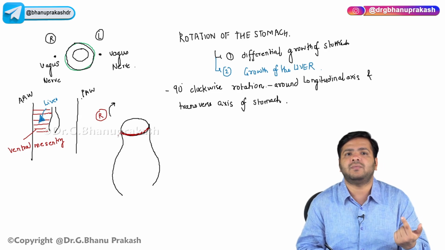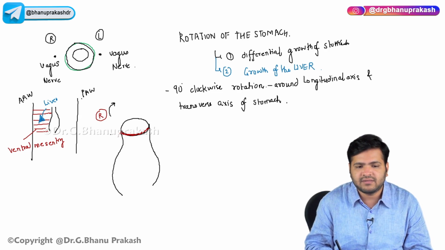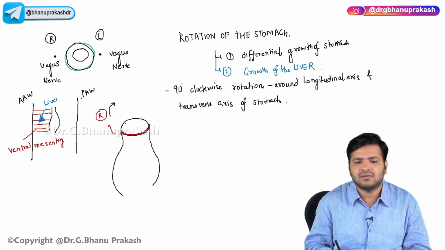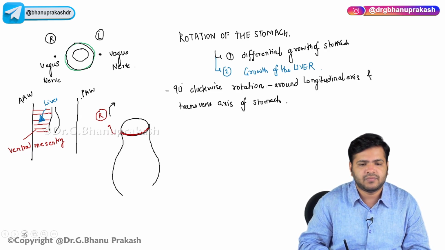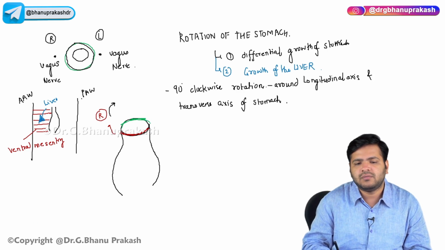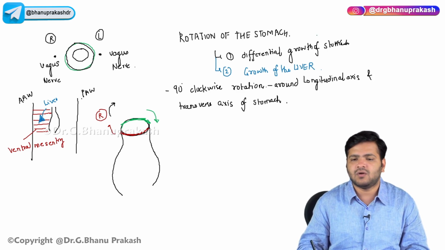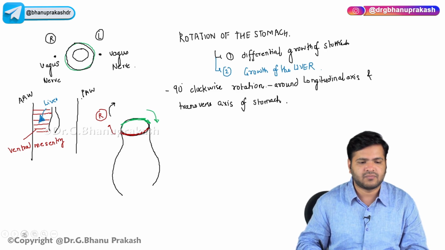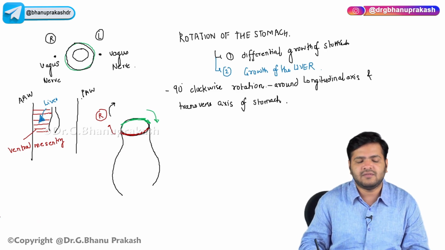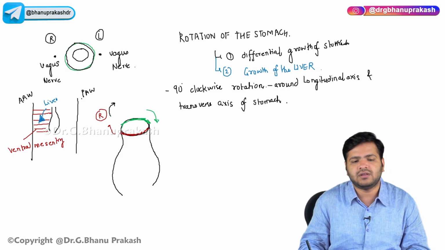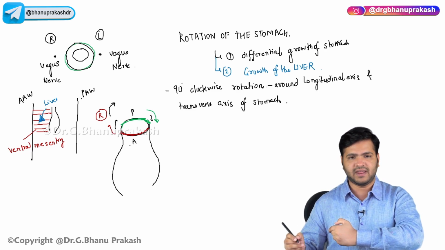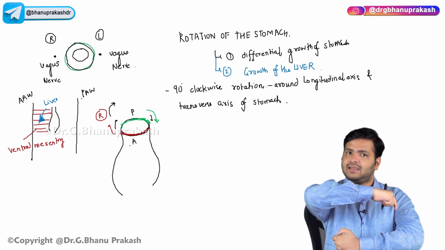It will be rotated like this, and this posterior border will come towards the left side, right? So if it is around the longitudinal axis, in front what was there? You already know it is the anterior border, and behind what was there? Posterior. Now the 90-degree rotation is happening, so anterior will come towards the right and posterior will go towards the left.